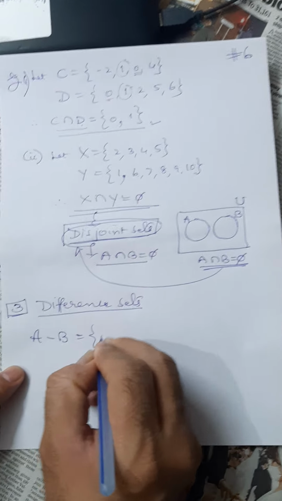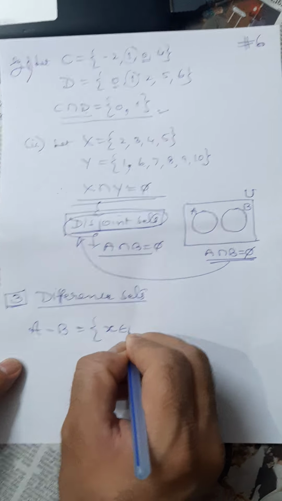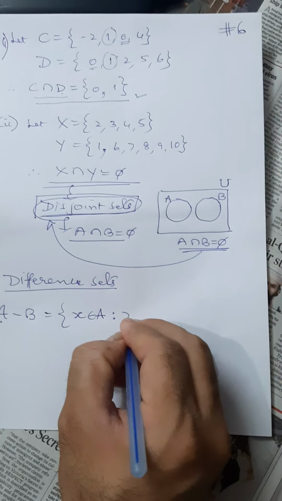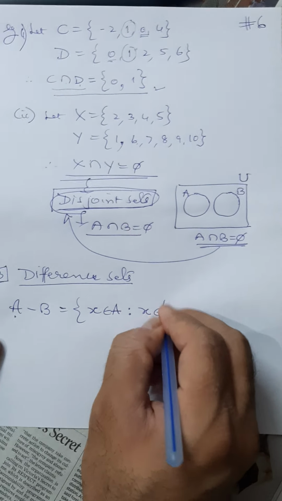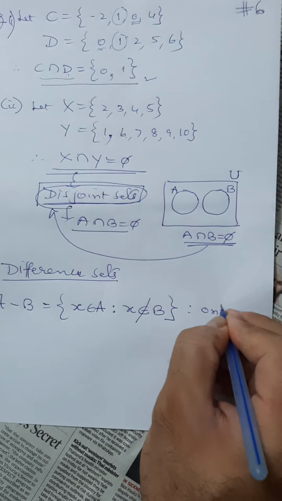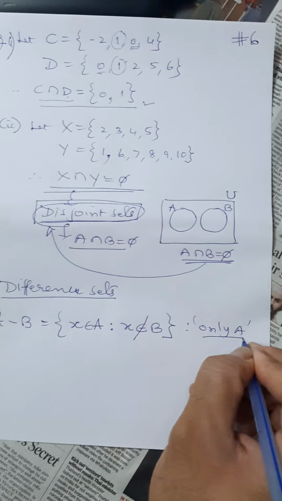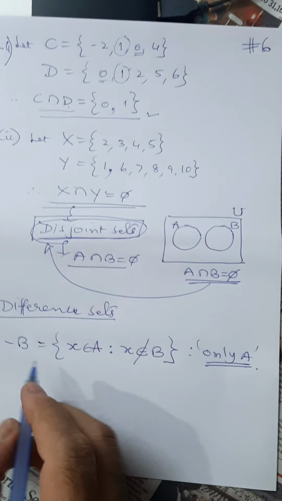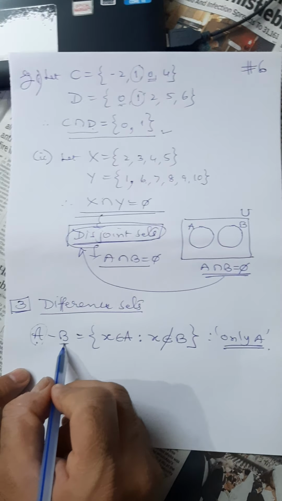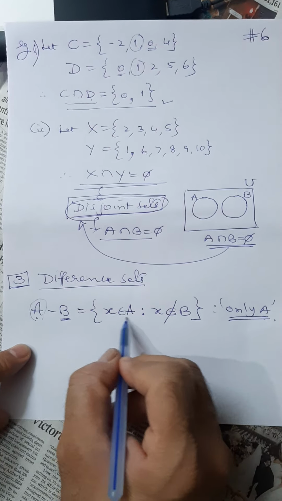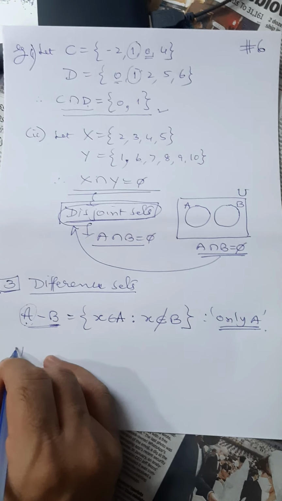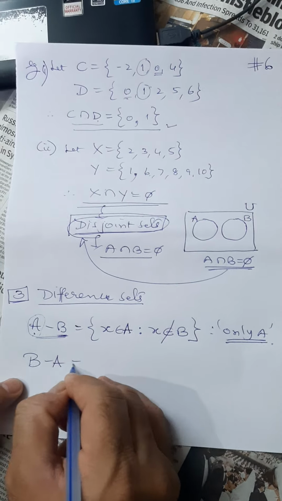This is all elements of A which are not present in B. This is sometimes called only A. I repeat, all elements of A which are not present in B is known as A difference B.